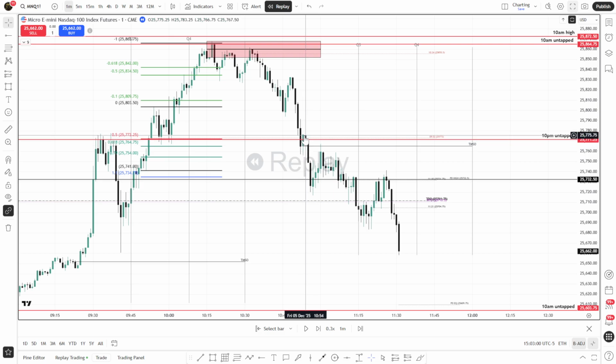We can see that when price drives through, places an order block and drives through again, that this level is going to hold price below that. We see that with TMSO opening up. We drive below, we come back up into TMSO. We do not break back above this 10 p.m. untap that was used over here.